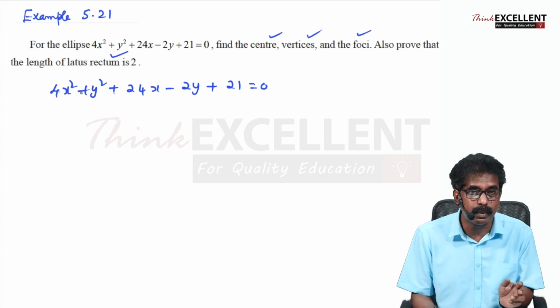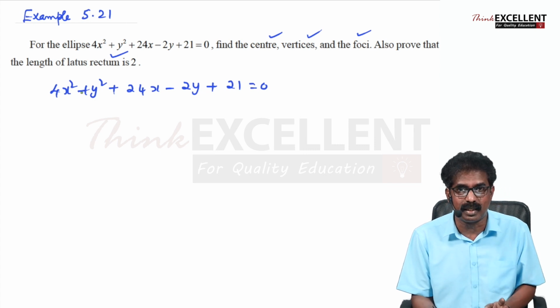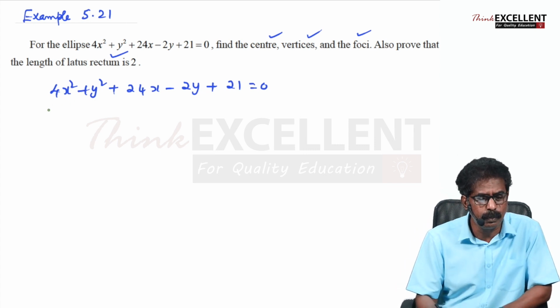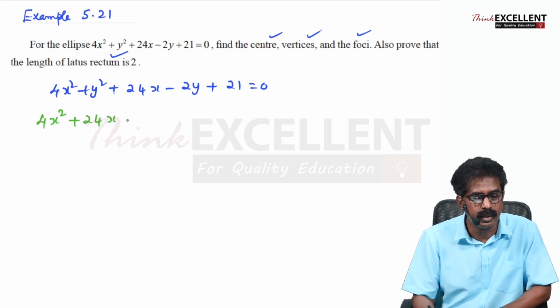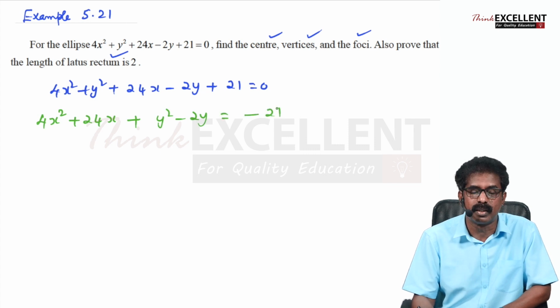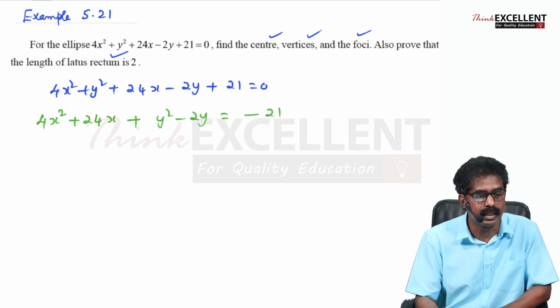Suppose 4x square plus 4y square, then it becomes a circle, right? Group x square terms: first x square and then plus 24x. The x terms are grouped. Then y terms, y square minus 2y. The constant, take it to the right side: plus 21 is taken to the right side, minus 21, right?